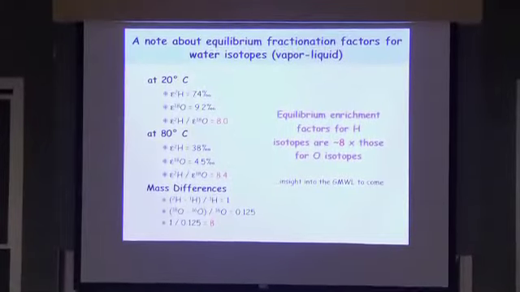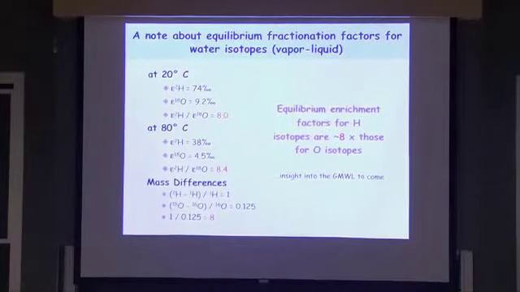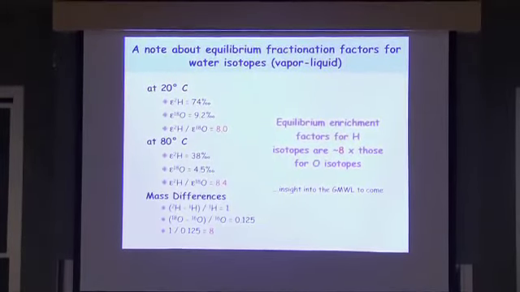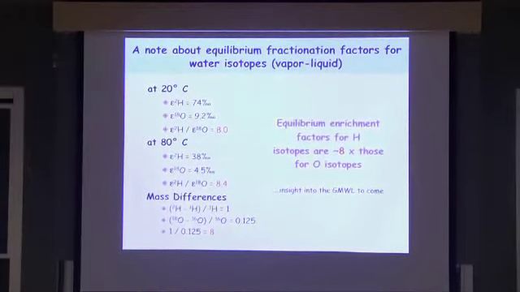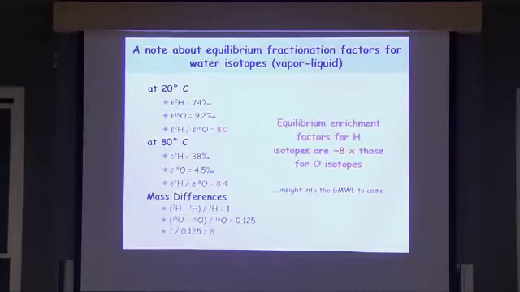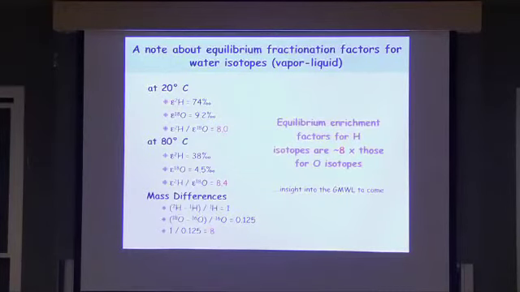And how it plays out is that this number 8 is getting you to think a little bit about the magnitude of the isotopic effect differences between hydrogen and oxygen. They're 8 times larger for hydrogen than they are for oxygen, all right?